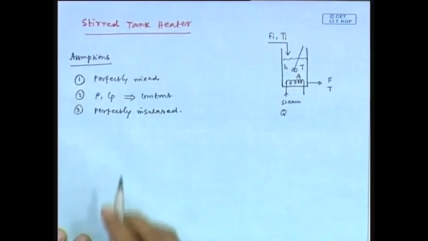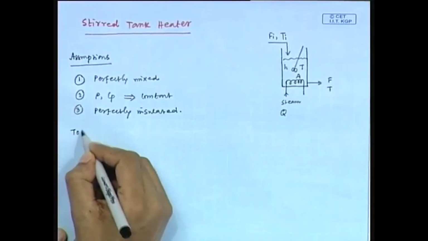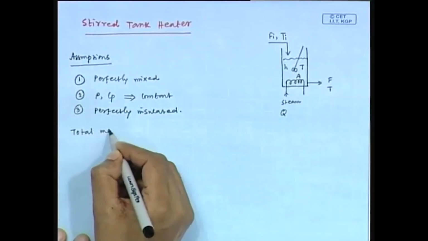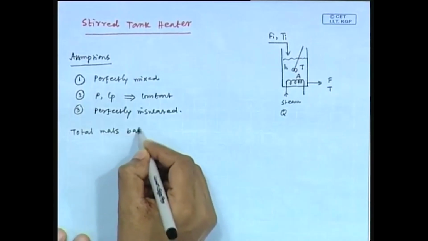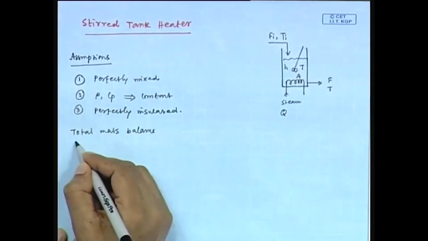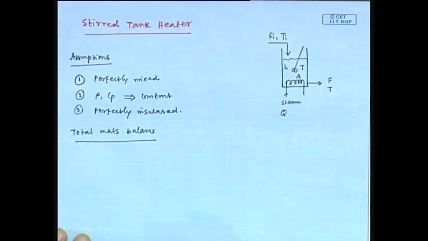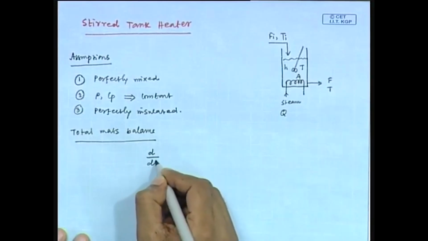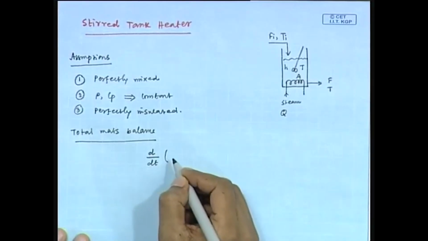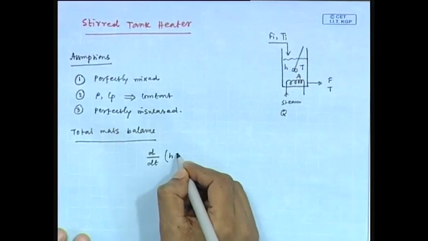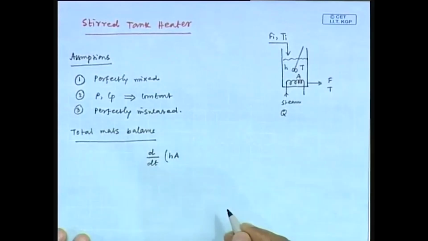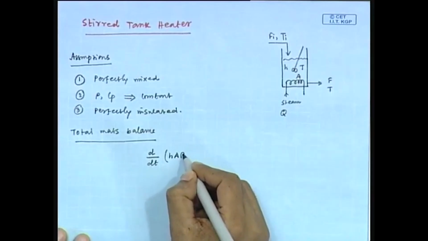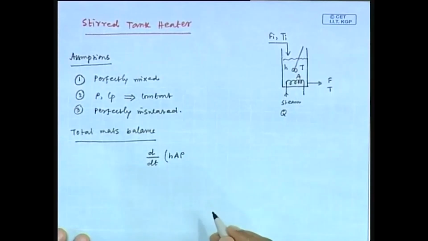So, first we will develop the total mass balance equation. Fine. So, what is the accumulation of mass? d/dt of the liquid height multiplied by the cross-sectional area, that is volume, and volume multiplied by density is mass.